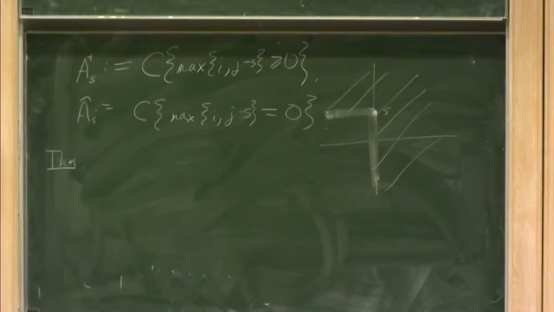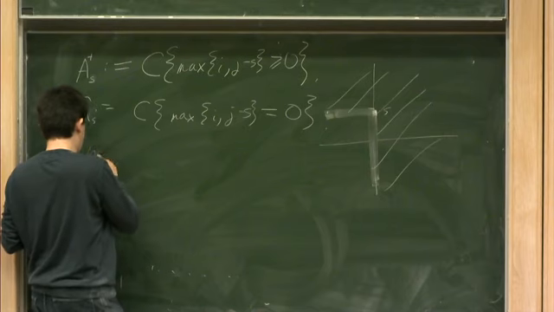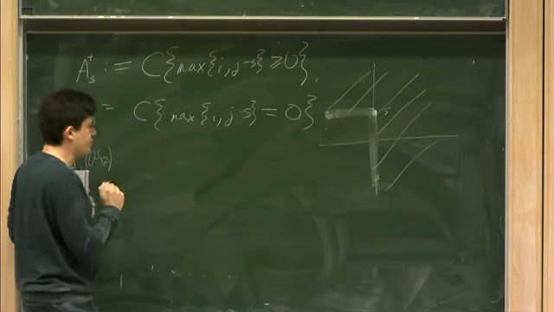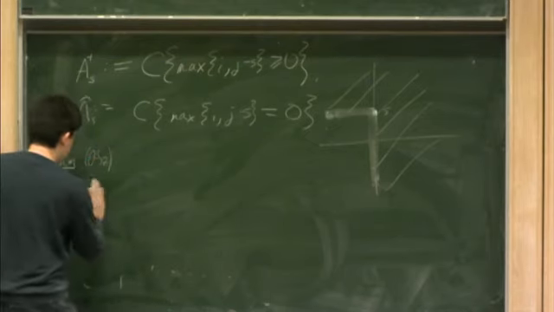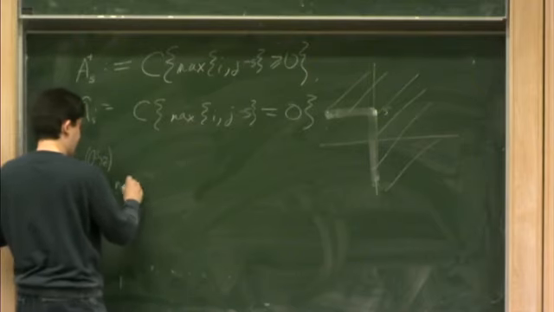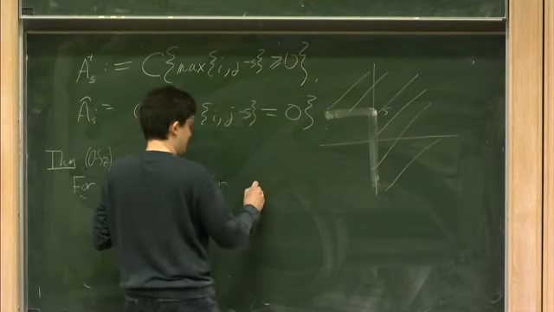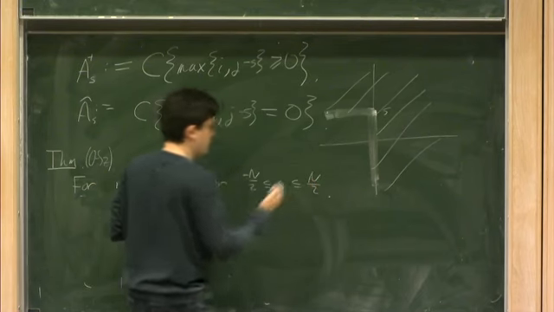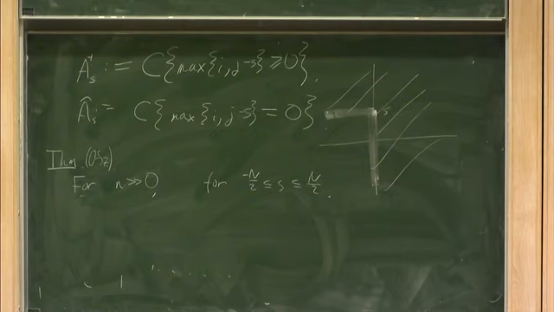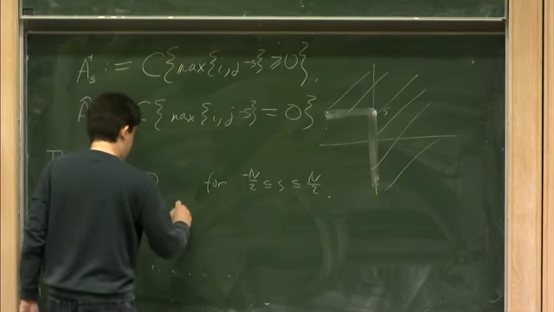a theorem. Okay. So for all n sufficiently large, for integers s between minus n over 2 and n over 2, we have isomorphisms.